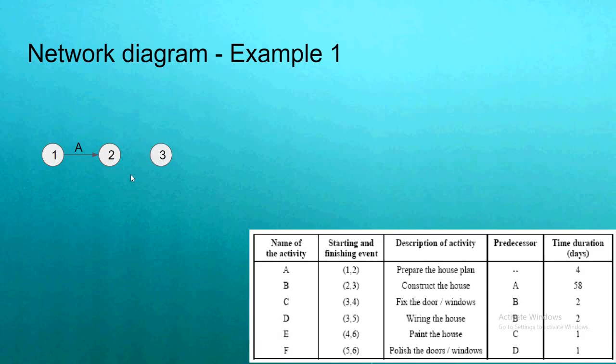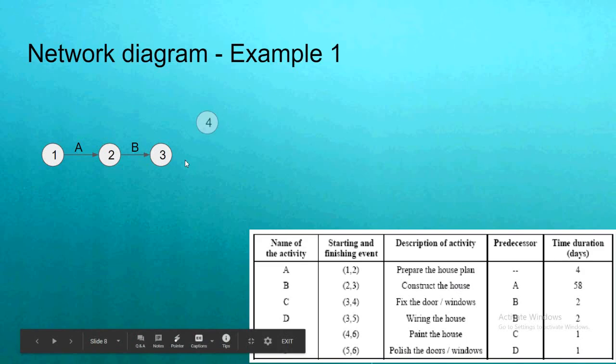So I am joining 2 to 3, which is called activity B. Now if you look at C, which is fixing the door or window, activity B should be completed. That is, construction of the house should be completed. So the starting point for activity C should be 3 and the end point is 4. So I am drawing 3 to 4 and naming it as C.